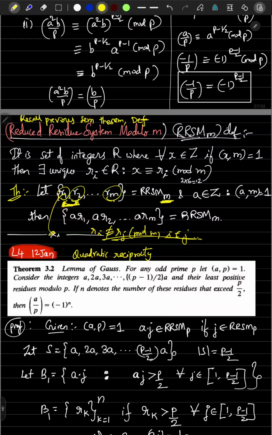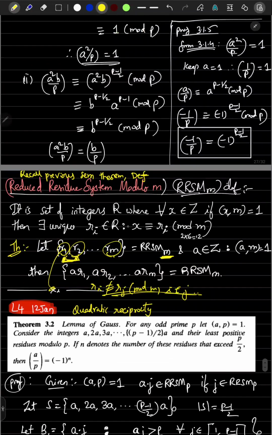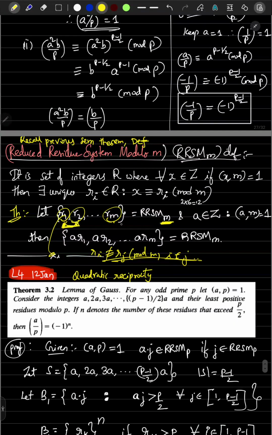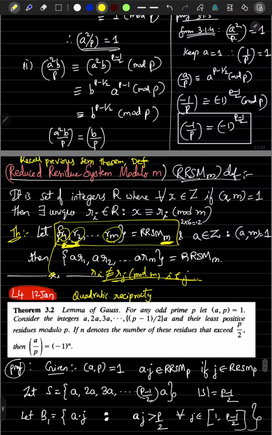Okay, RRSM property. So if you have this as an RRSM set, then take any random integer, like 1 lakh or 2 lakh or 3 lakh, such that that integer is coprime with m. I mean GCD of x, m equals 1.